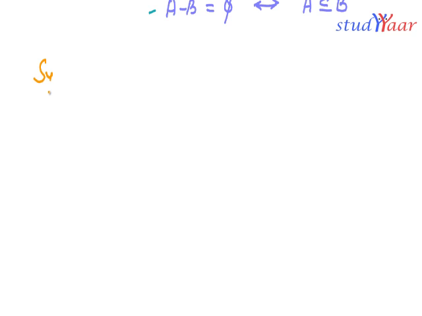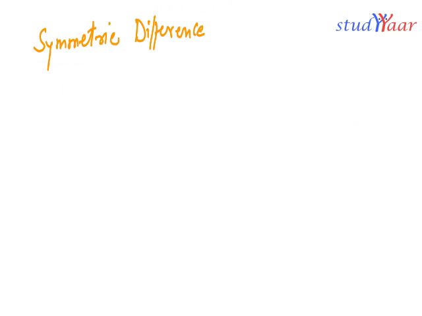It is the symmetric difference. So the symmetric difference of two sets is represented as this. This is known as the symmetric difference symbol.